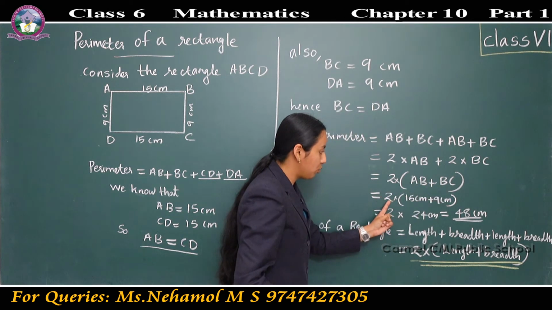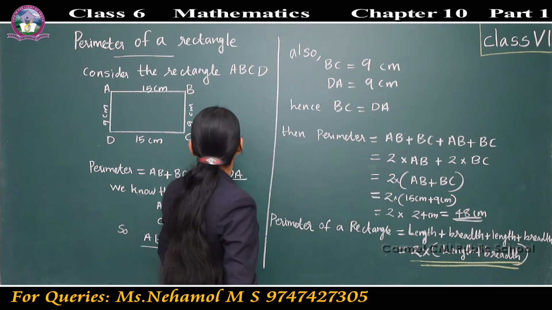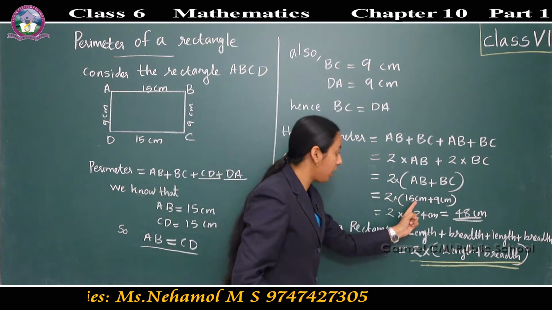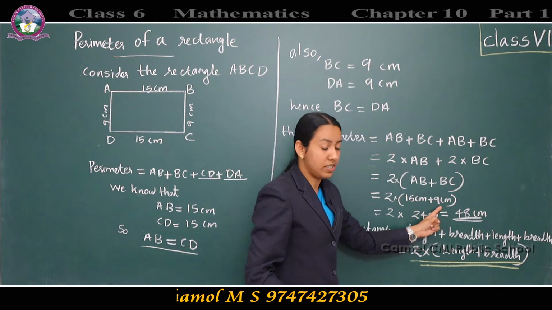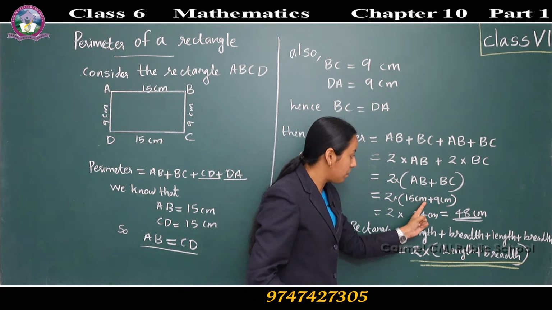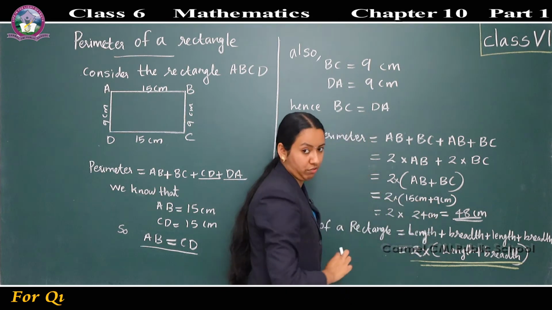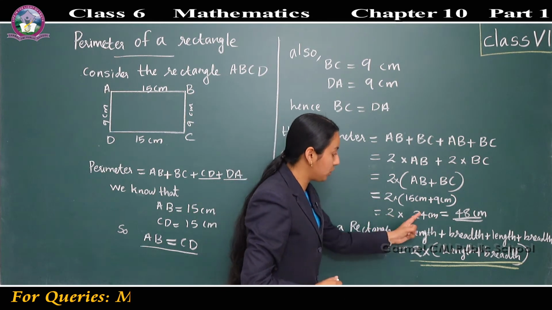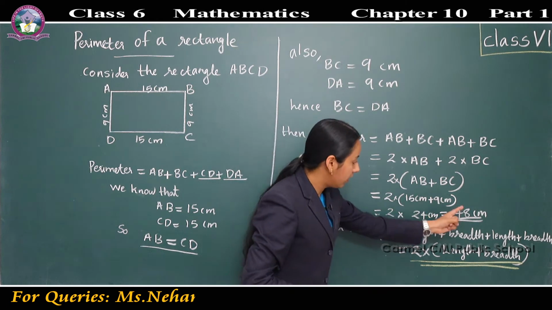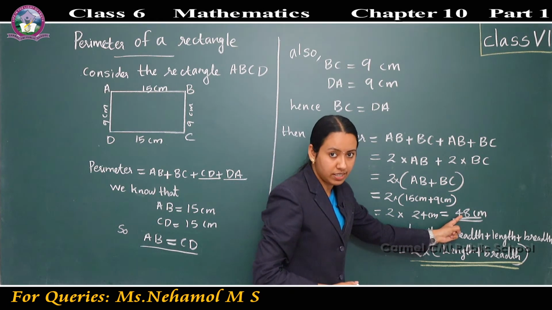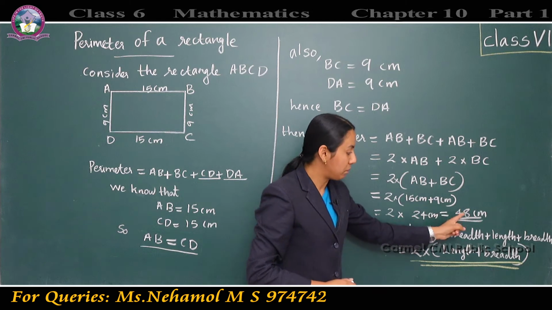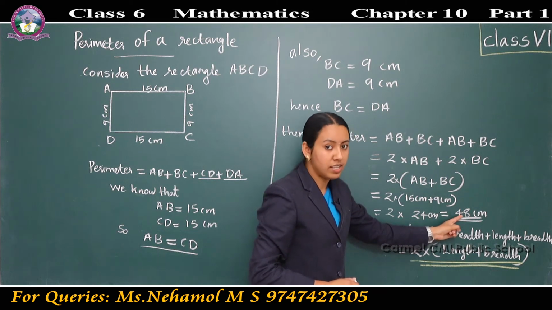That is equal to 2 into (AB plus BC). What is AB? AB is 15 centimeter plus BC 9 centimeter. 2 into (15 centimeter plus 9 centimeter). 15 plus 9 is 24. So 2 into 24 centimeter is equal to 48 centimeter. So we got the perimeter as 48 centimeter.